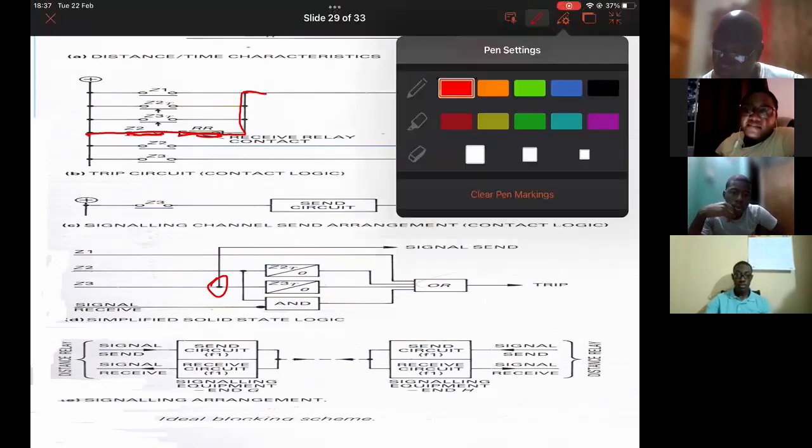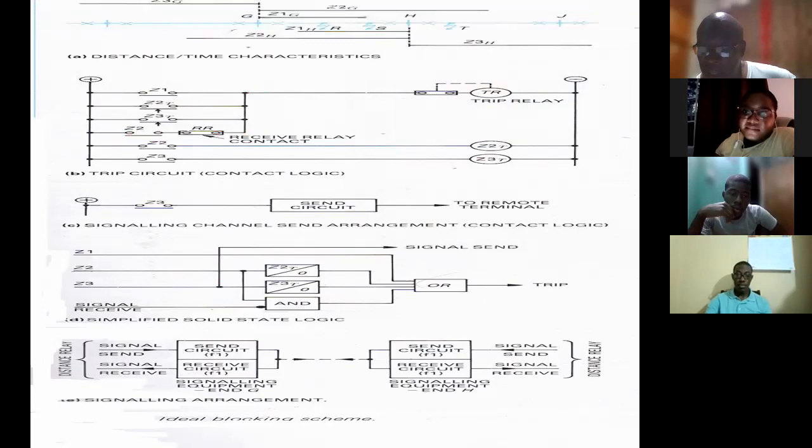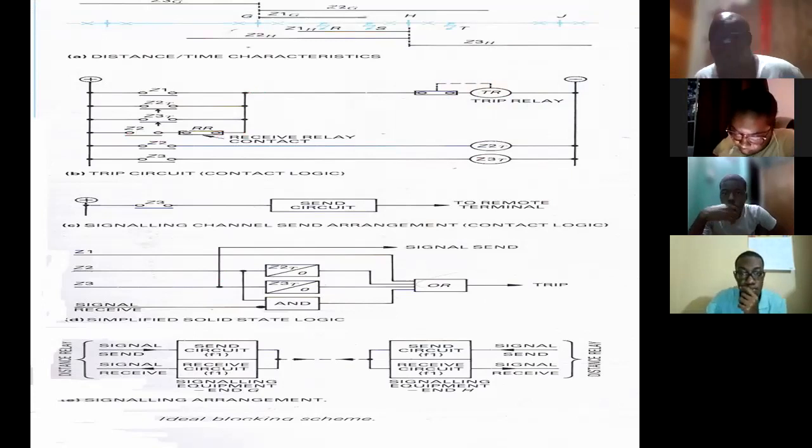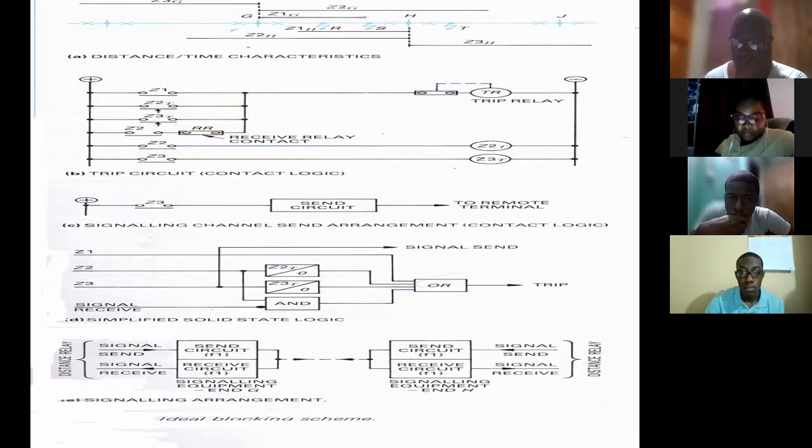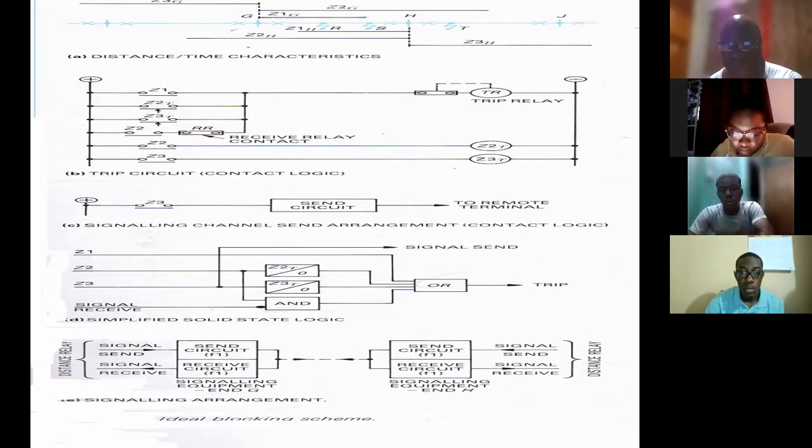All right, now, let's look at T. Again, where is T located? Sir, zone 2 for G and zone 3 for H. Okay.